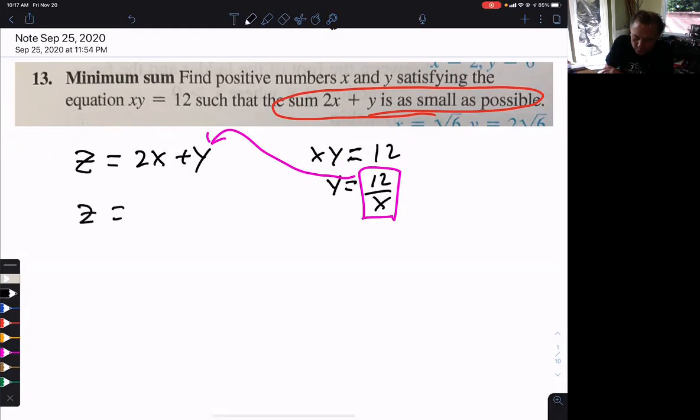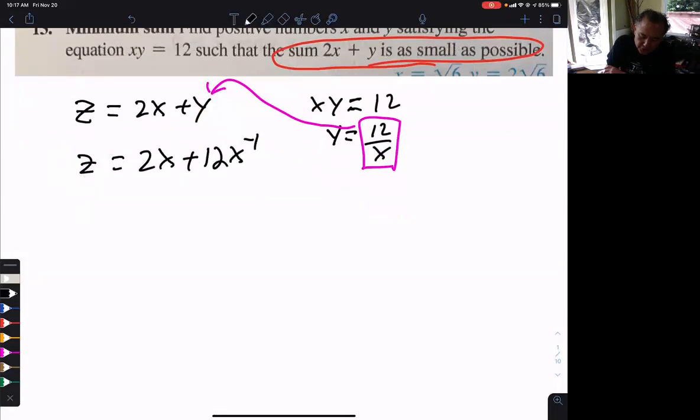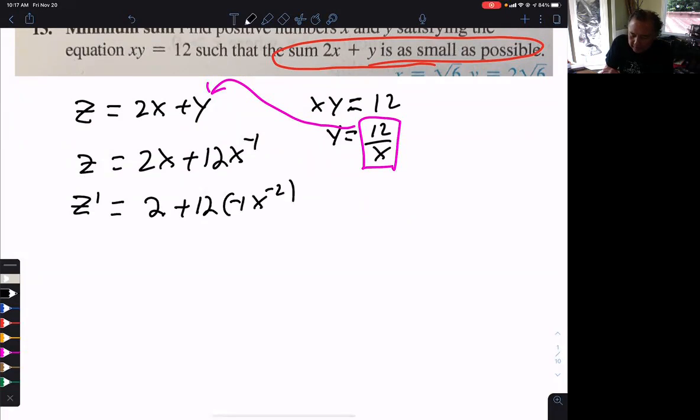So we have z equals 2x plus, and I'm going to move the x to the top and make it -1 power. So when I take the derivative, it's easier. So I take the derivative to find critical points. Why? Because maxes and mins occur at critical points and endpoints. So derivative of 2x is 2. And for this, I bring the -1 in front and decrease the power by 1.